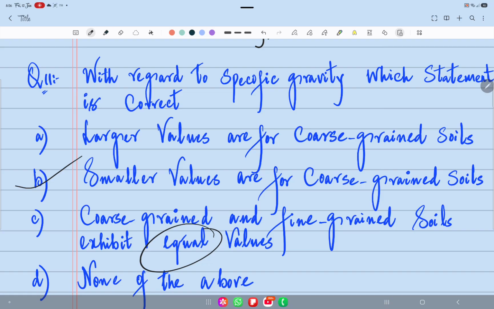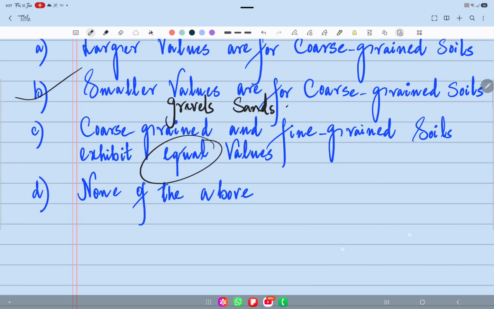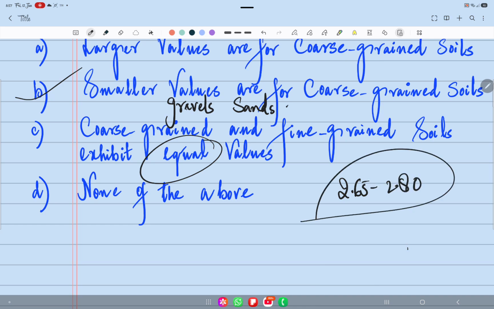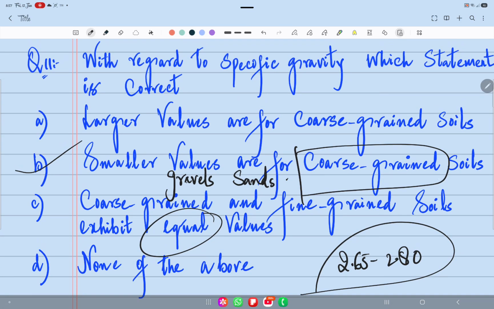With regard to specific gravity, we have smaller values for the coarse grain soils such as gravels and sands. And for most natural soils, the specific gravity lies between 2.65 to 2.80, with the smaller values being for the coarse grain soils. So option B is the correct and most appropriate answer.